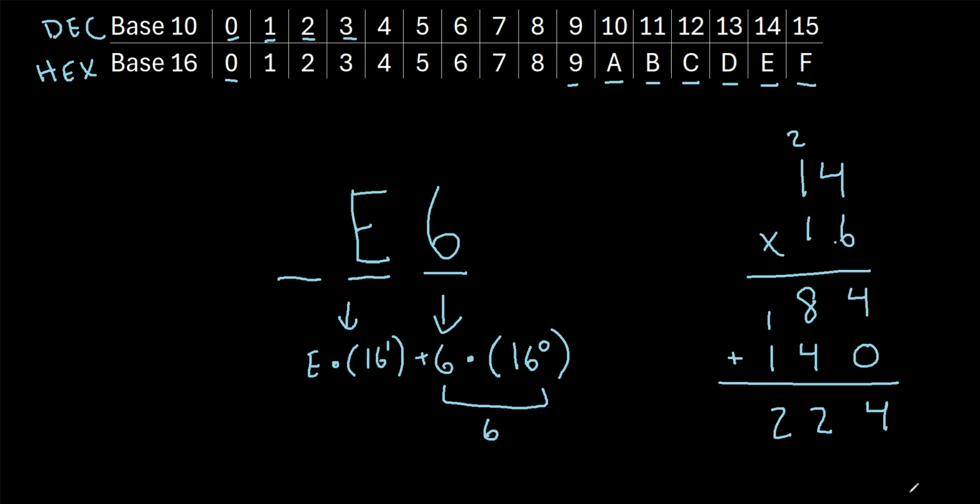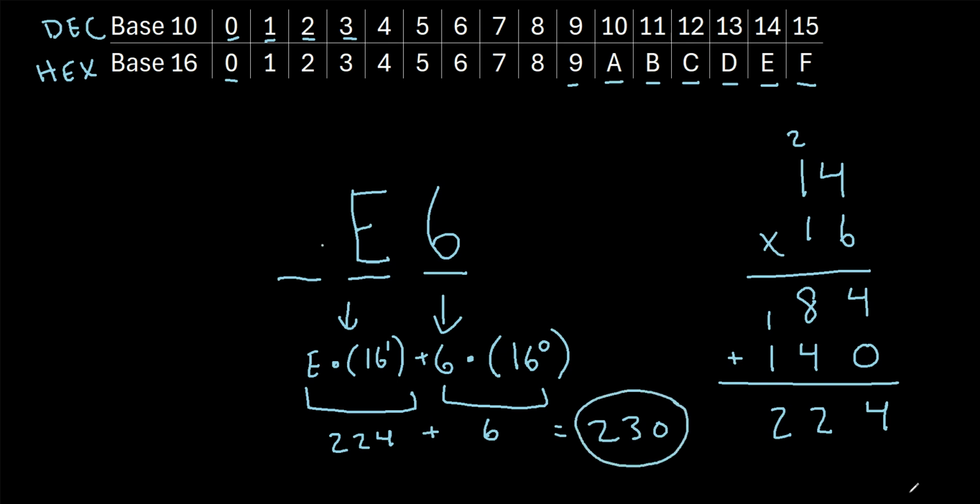So 14 times 16 is 224. So this portion right here is 224. So for our final answer, we get 224 plus 6, which is 230. So E6, this hexadecimal, represented as a decimal, would be 230.